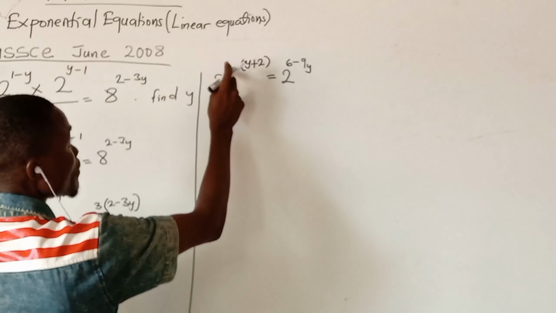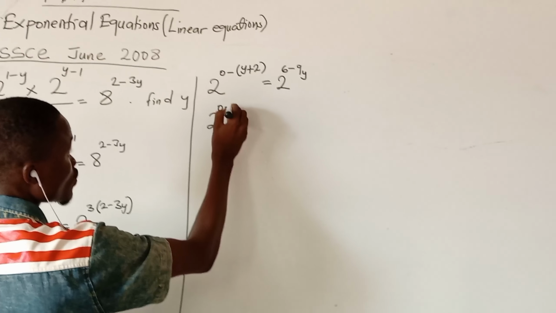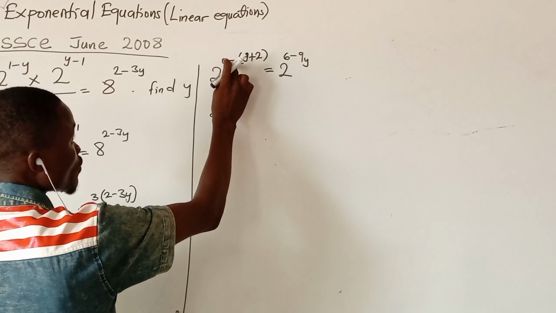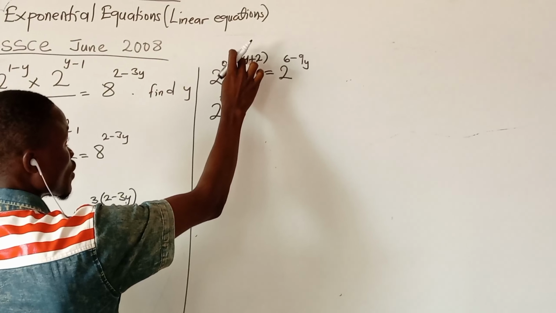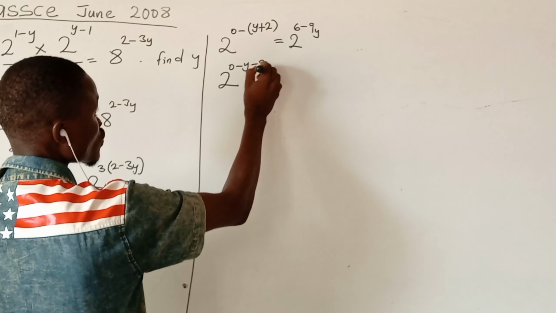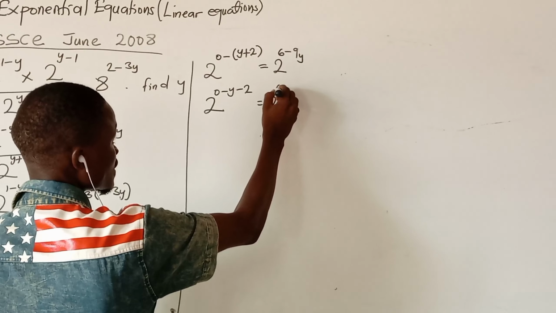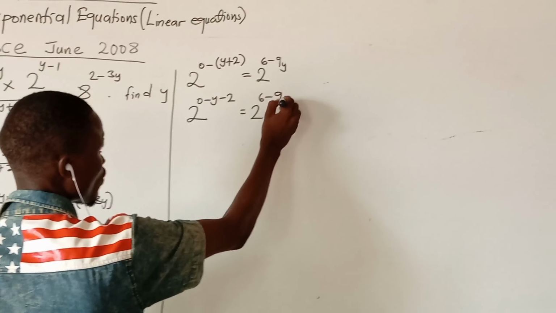Multiply this minus throughout the bracket: 0 minus y, minus times plus is minus 2, equals 2 raised to the power 6 minus 9y.